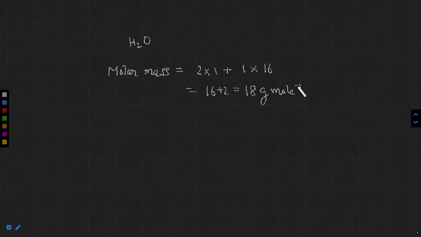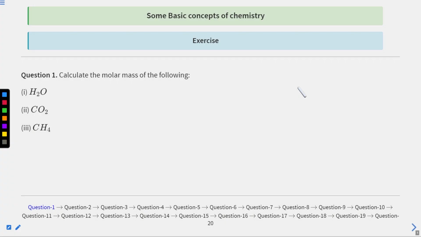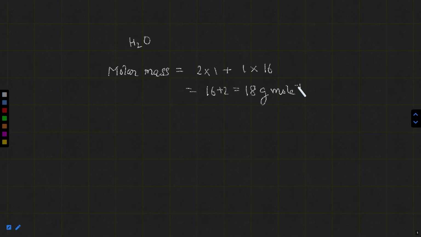Okay. Now next, what is the question? What we have to find? We have to find for CO2. So for CO2, molar mass is equal to, CO2 has one carbon and two oxygen.